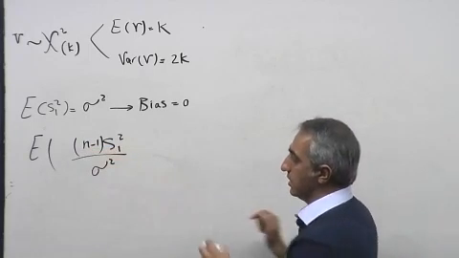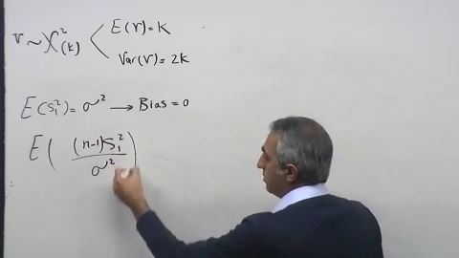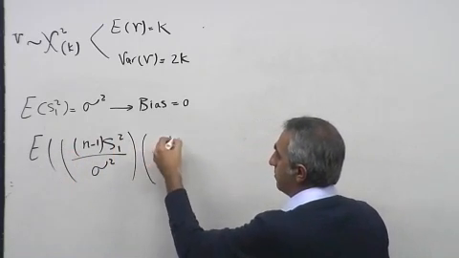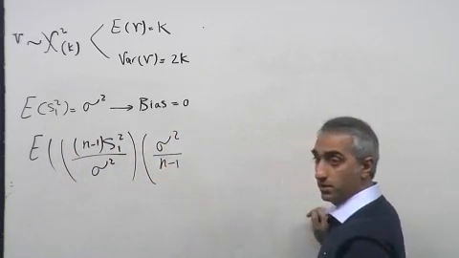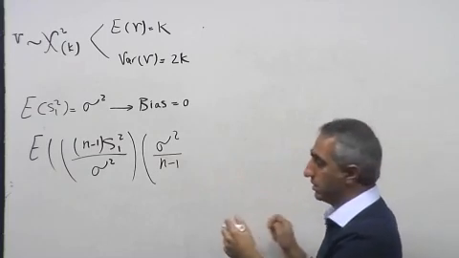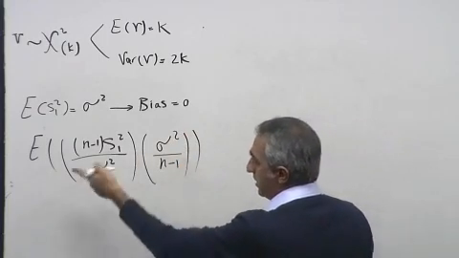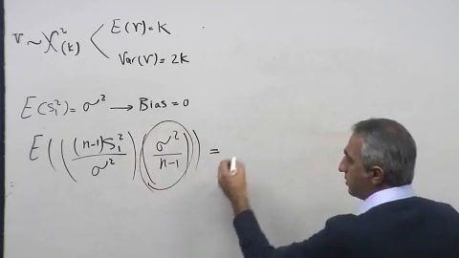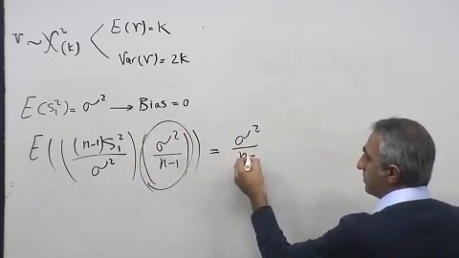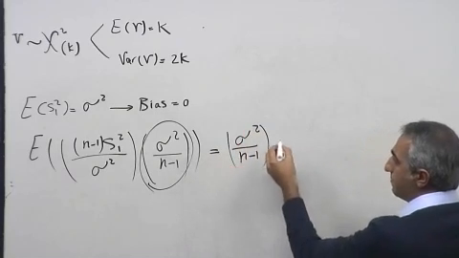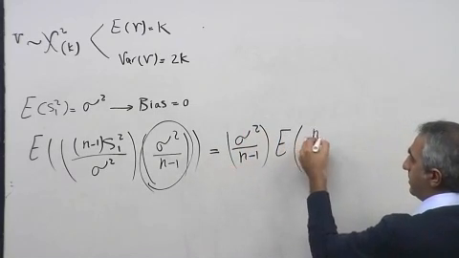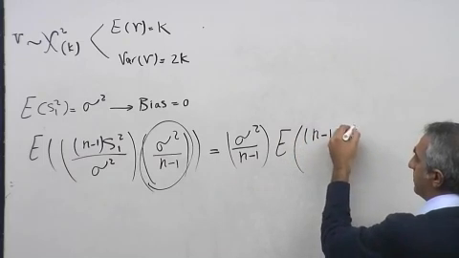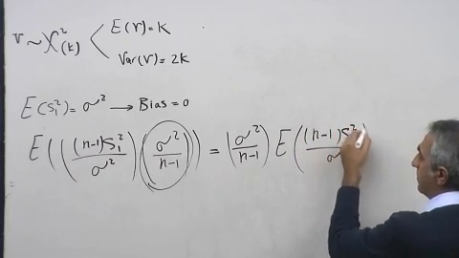So I multiply this, and at the same time multiply by its inverse so they cancel out each other. This is a constant multiplier, so I take it out. At the end of the day, I get this guy.